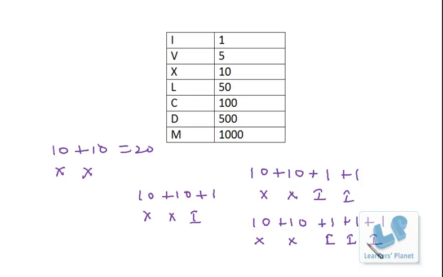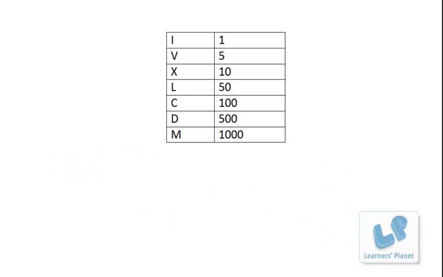Further, there is a twist if we have to write 24. Now what do we do? 24 is 10 plus 10 plus 4. Further, we cannot write I 4 times. So what we do is we will deduct 1 from 5.